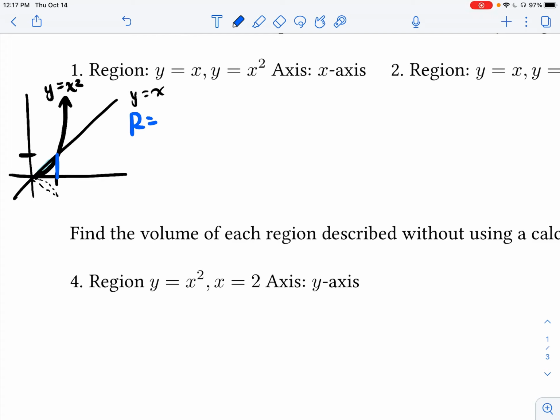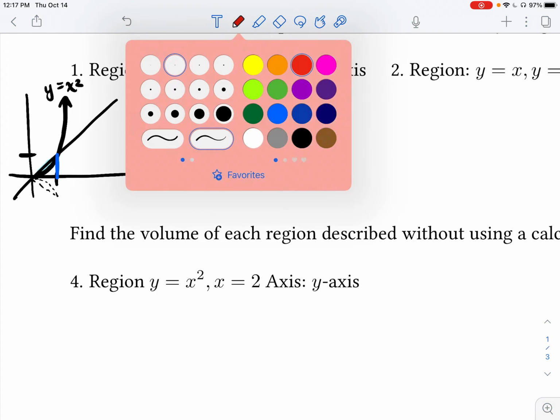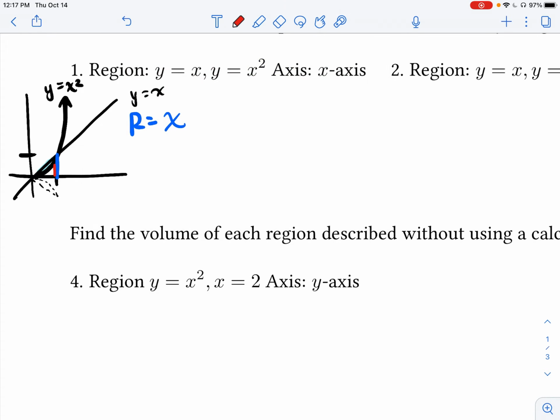For any function here, the output is going to be whatever x is. So my larger radius is going to be x. Now, what does my second function say? My second function, which represents my smaller radius, has its output y determined by whatever x squared is. So my smaller radius is x squared.